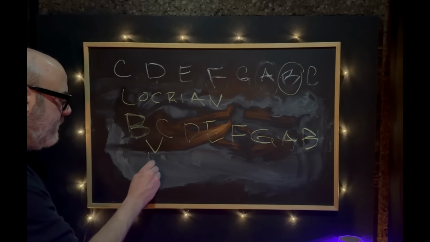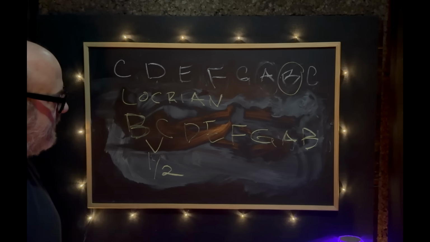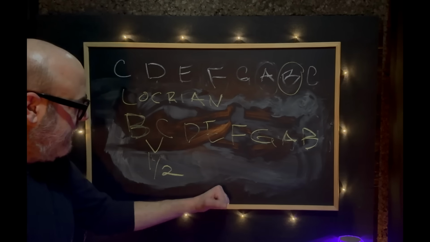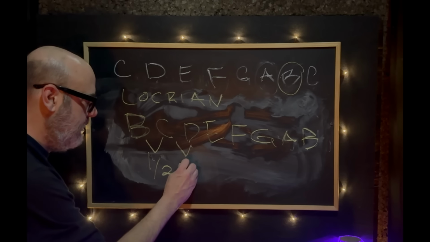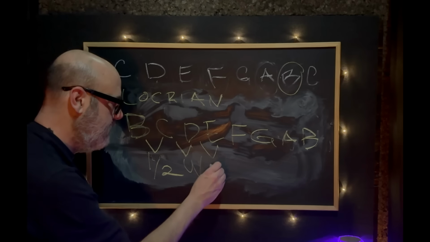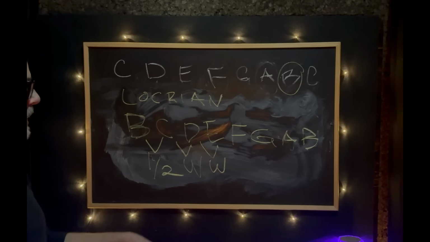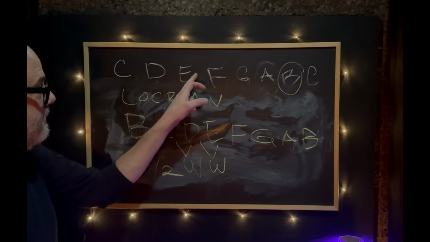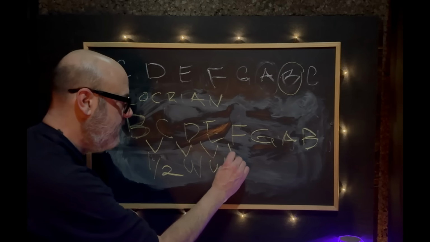So that starts off with a half step. C to D is a whole step. D to E is a whole step. E to F, just like here, is a half step.